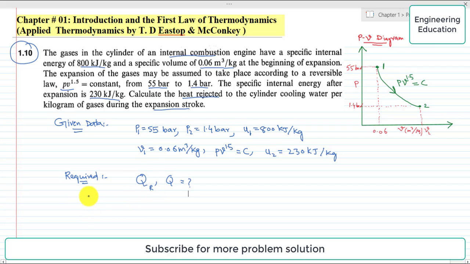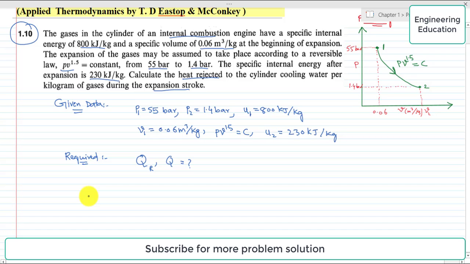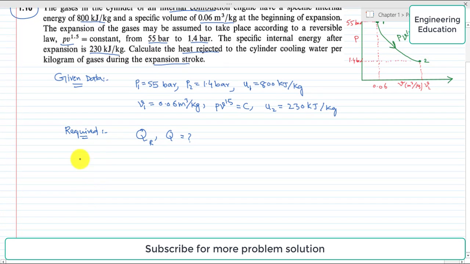So coming to the solution of this problem, we will first find the value of V2, which is unknown to us. For that we have P1 V1^1.5 equal to P2 V2^1.5.